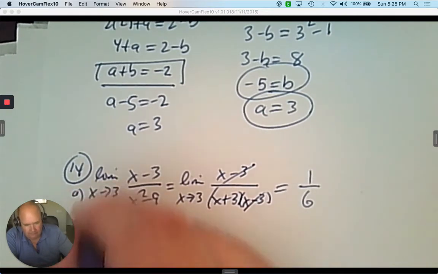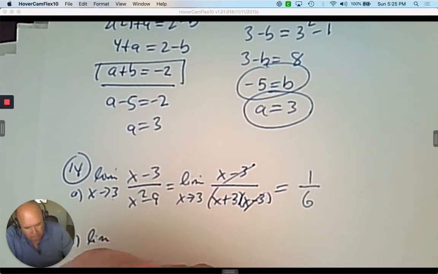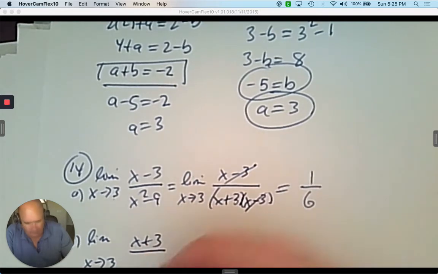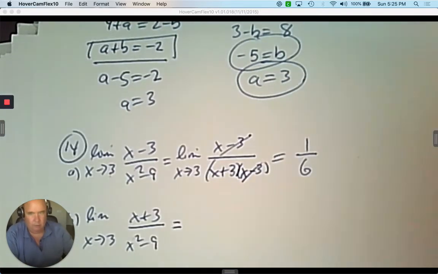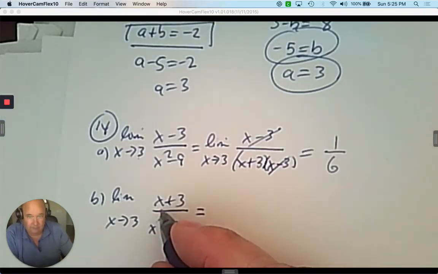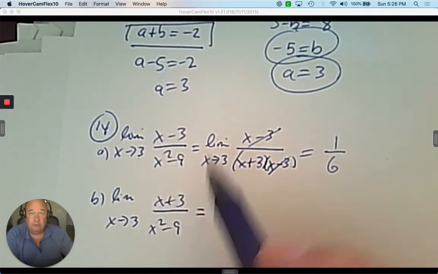That was part A. Part B, the limit as x approaches 3 of x plus 3 over x squared minus 9. So it almost looks like the same question. But if I substitute 3 into here, I get 6 over 0. That's different than 0 over 0. See, 0 over 0 is indeterminate.